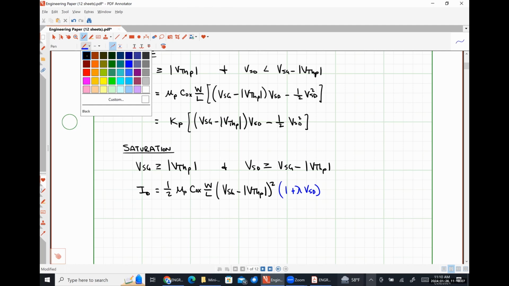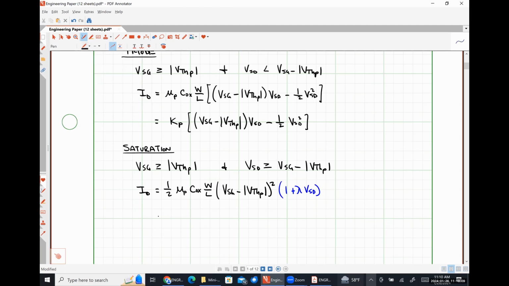In terms of our generic transconductance parameter Kp, this is going to look like 1/2 Kp times VSG minus the absolute value of VTHP squared. And once again, optionally, 1 plus lambda VSD, whenever we choose to include the effects of channel length modulation.